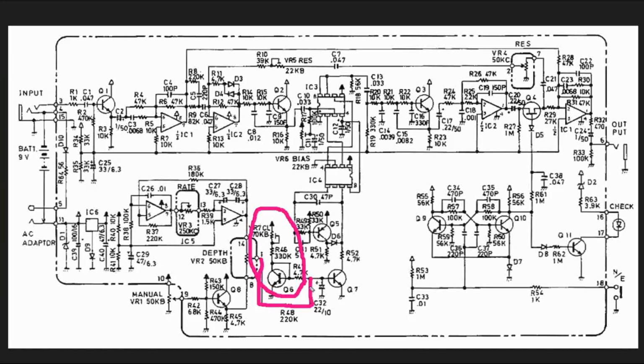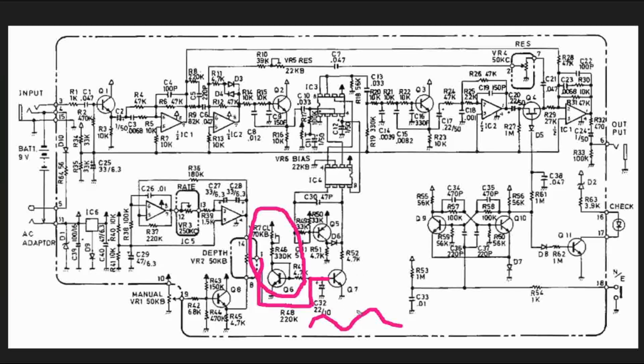This right here is actually changing the bias voltage level of the base of this transistor. So our LFO signal is wobbling, but this transistor and resistors and potentiometer is changing the static bias on this transistor over here on Q7.